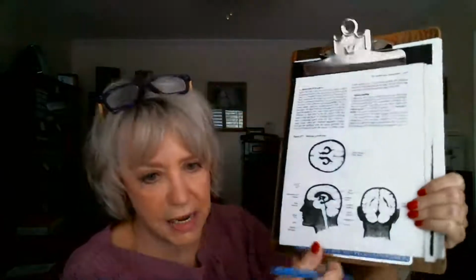This is a good diagram because it shows one of the lateral ventricles here. And this ventricle right here is the third ventricle. Remember, the third ventricle is inside the thalamus, and this is the fourth ventricle. And it just is real clear in this little diagram. So this is the lateral ventricle filled with cerebral spinal fluid.